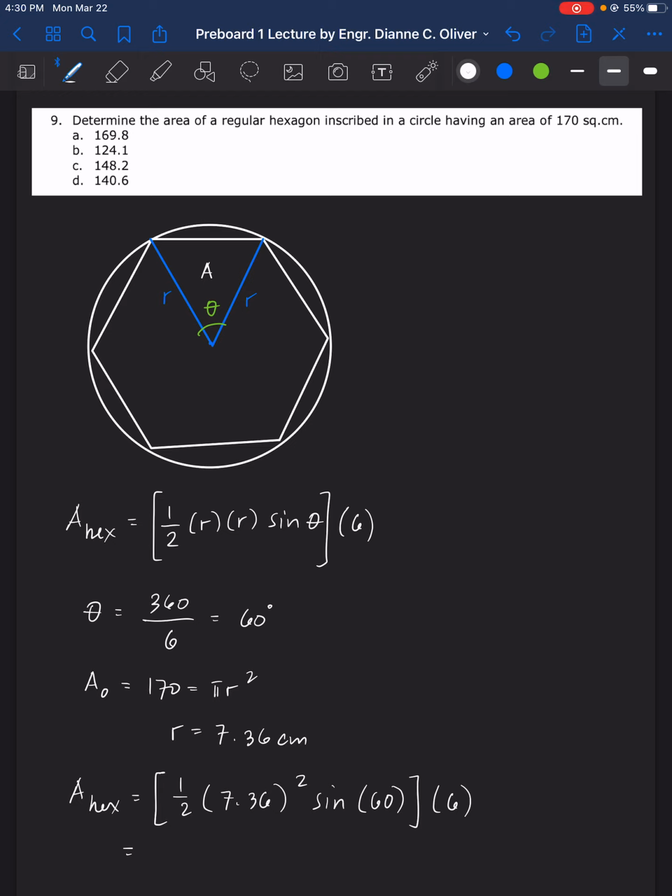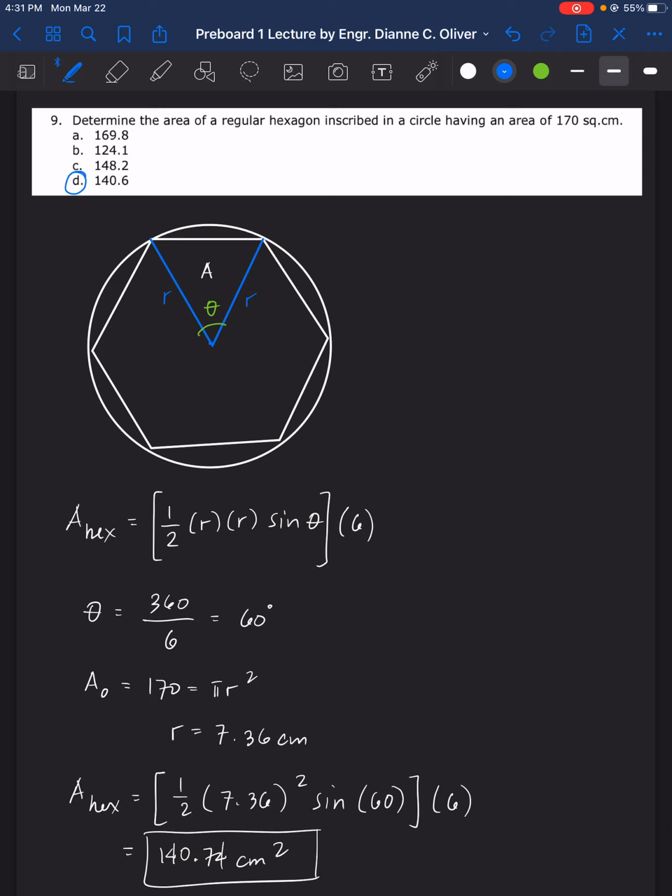So the area is now equal to 140.74 square centimeters. From the choices, the nearest is letter D, 140.6. So that's for number 9.